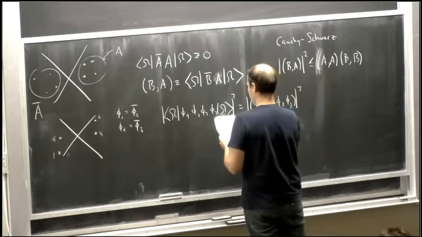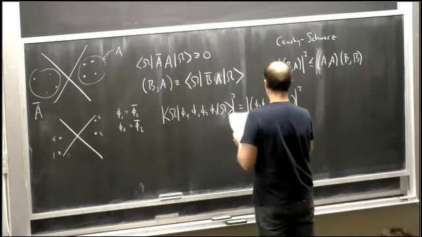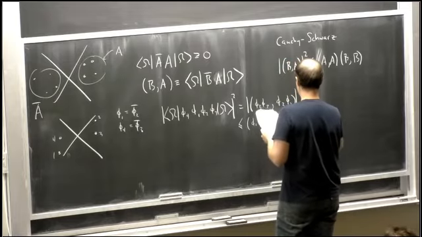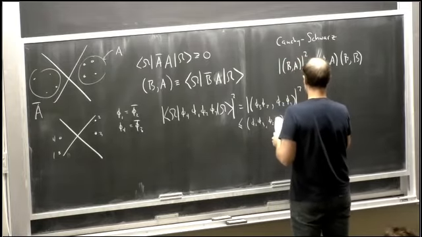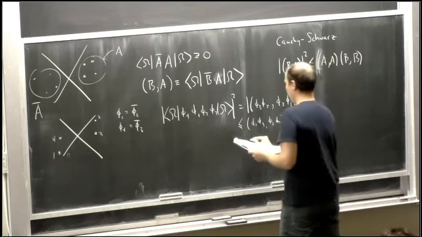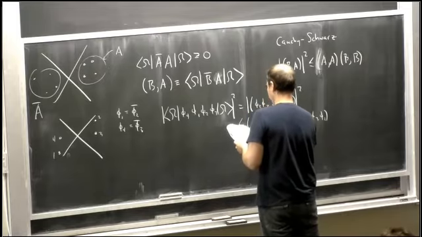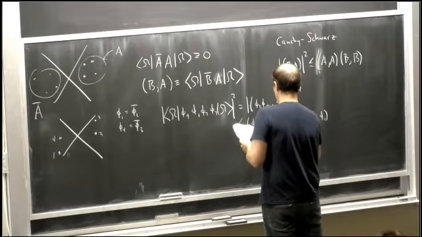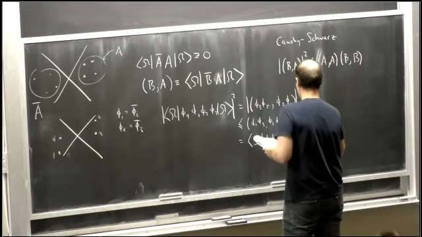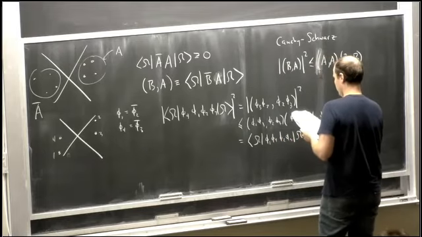By Cauchy-Schwarz, this is less than or equal to phi 2, phi 3, phi 2, phi 3 times phi 3, phi 2, phi 3, phi 2. And this is just a product of the nicely behaved Wightman functions, i.e. the ones that don't experience any monodromy when you go into the Regge regime.